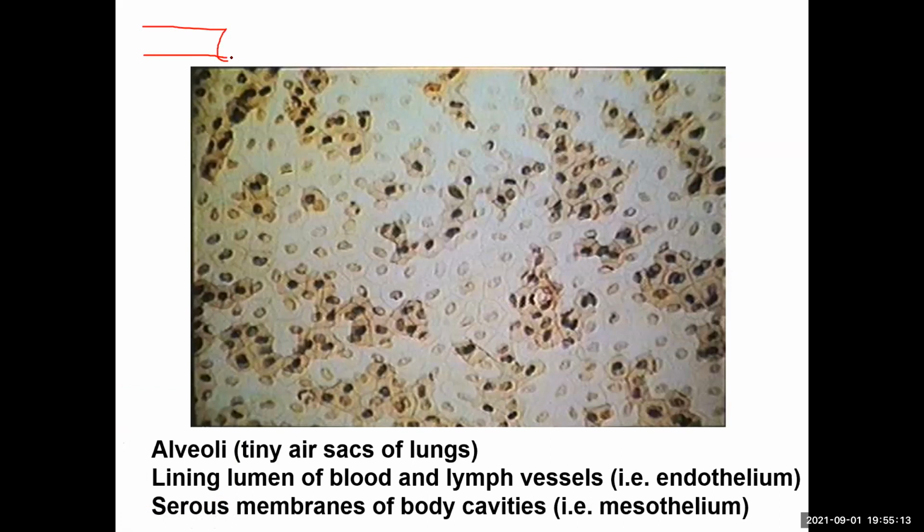So here's a blood vessel or a lymphatic vessel, and the lumen is the space right here where the blood goes. The walls of that lumen, the lining of that blood vessel, are lined with simple squamous epithelium. That includes both blood vessels and lymphatic vessels, so we give it a special name. You need to be familiar with this name here: endothelium.